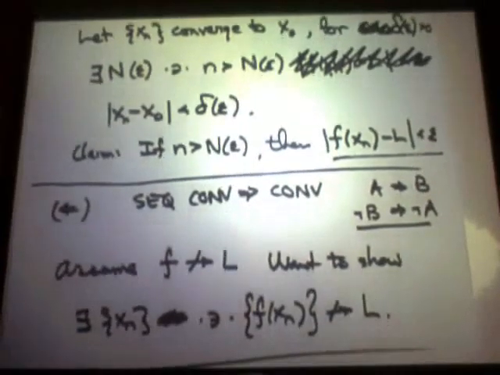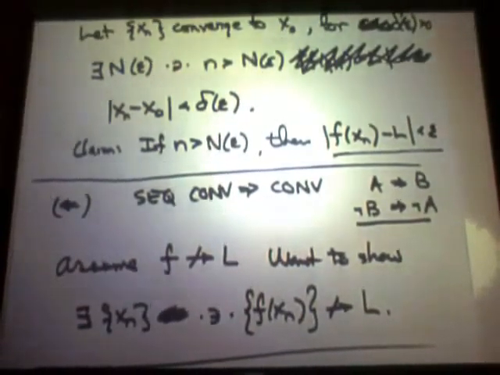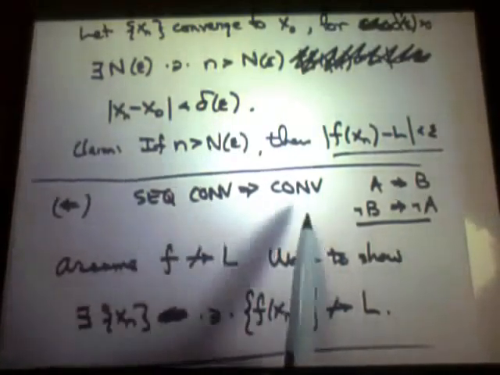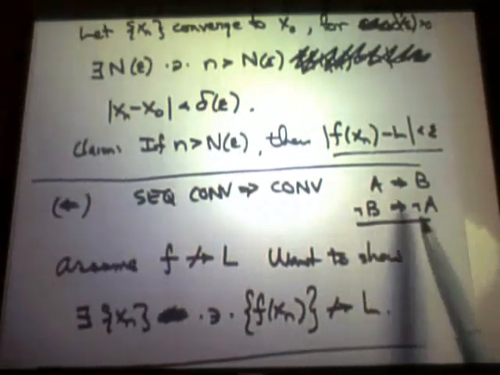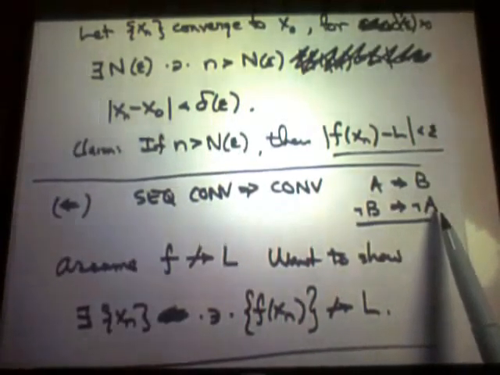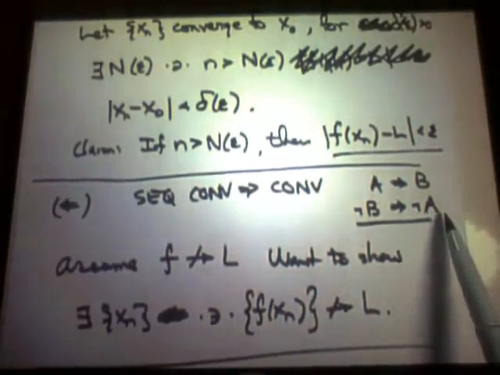Isn't that going to do it? Isn't that the contrapositive of the original statement? We want to show sequential implies convergence, so if we turn that around, not convergent implies not sequentially convergent. That will do it. Right?